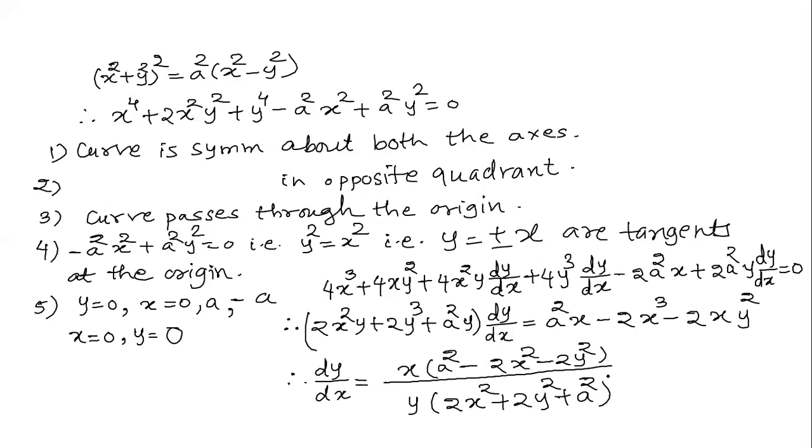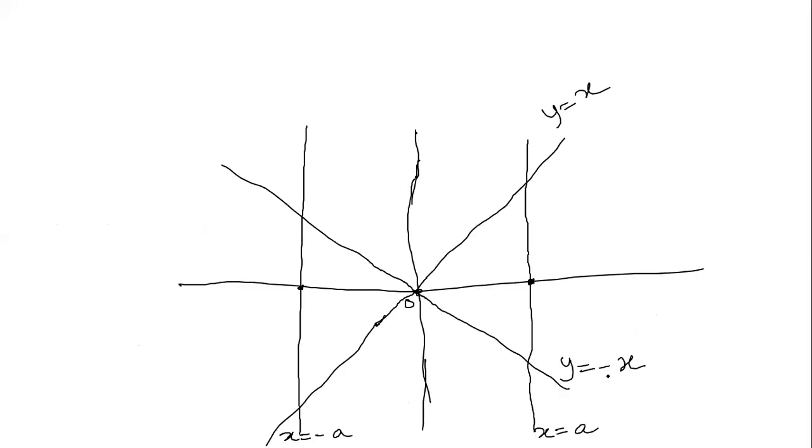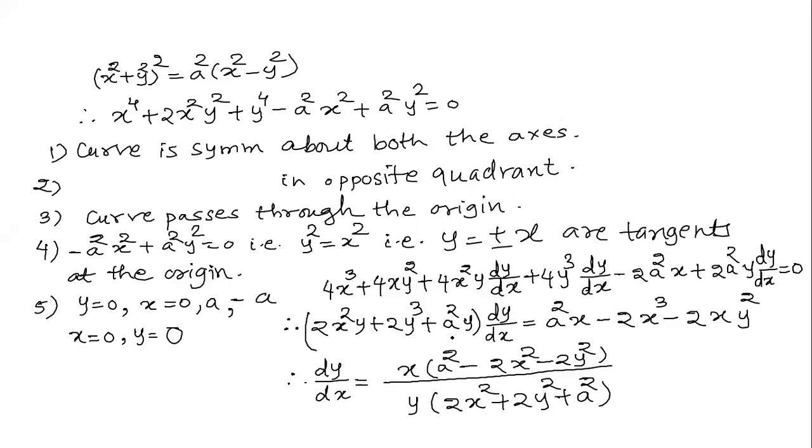And now what do we have to do? We have to put here this point. This point is x equal to a and y equal to 0. We have to put this point, x equal to a and y equal to 0, in dy by dx. Put it and tell me. Put x equal to a.